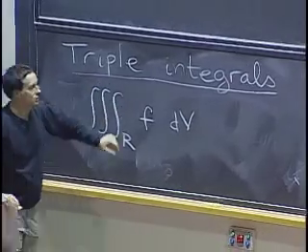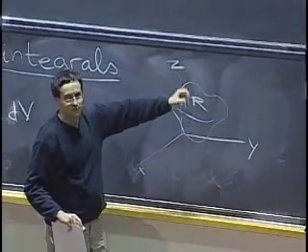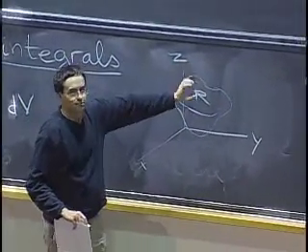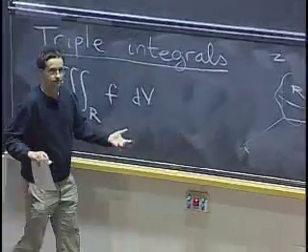Okay, so what it means is we'll just take every single little piece of our solid, take the value of f there, multiply by the small volume of each little piece, and sum all these things together.